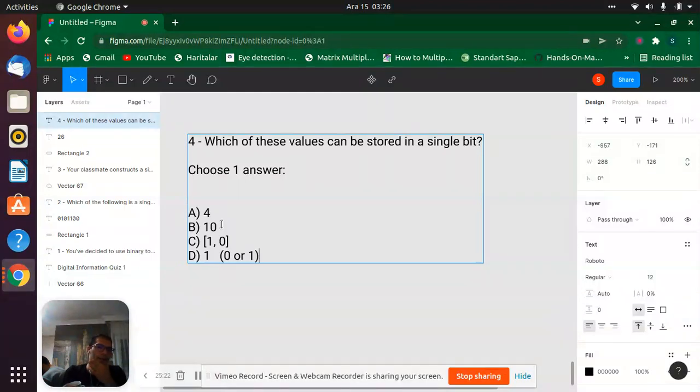But what is the question here, in a single bit? It's saying what we can put there. We can't put lots of numbers because this is a binary system, not a decimal system. We can represent 10 with some bits, but we can't put 10 or 4 or other things in a bit because this is a binary counting system.